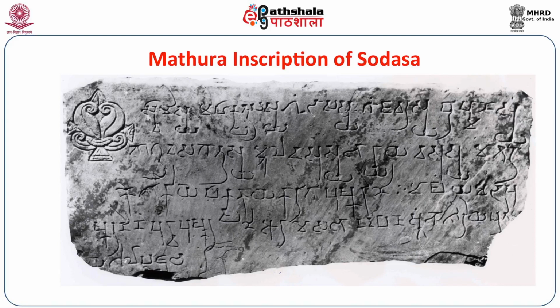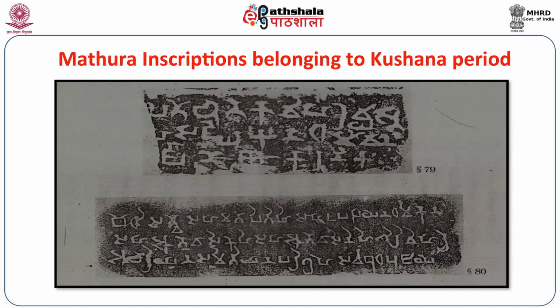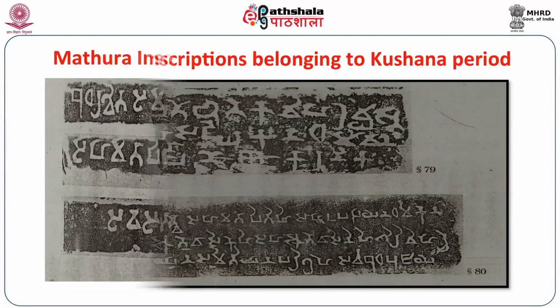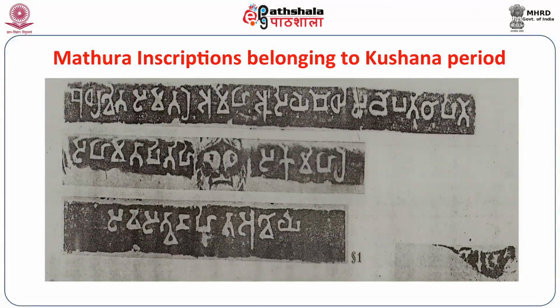And some more inscriptions are there here belonging to the Kushana period. And these are, of course, again Kushana inscriptions, and a few inscriptions are shown belonging to the Gupta period.